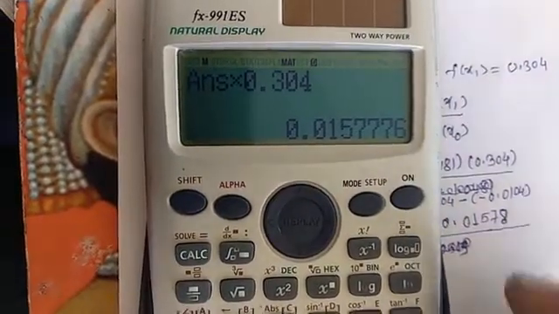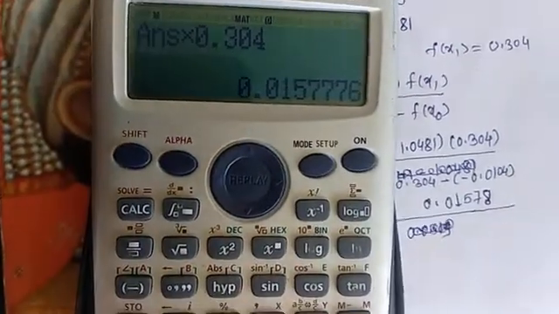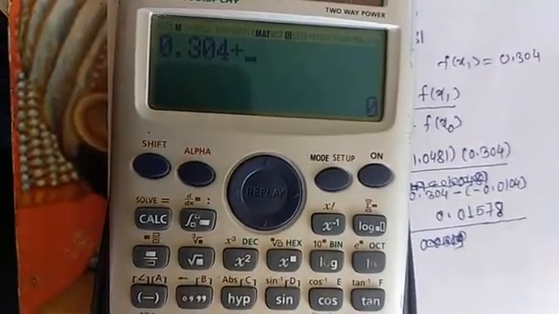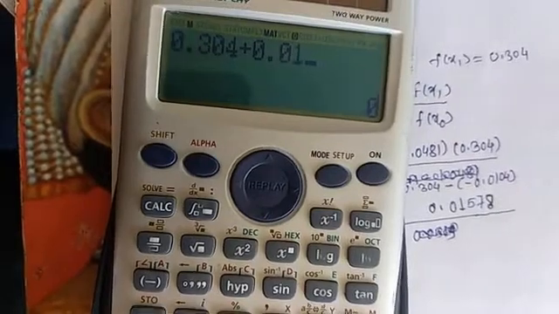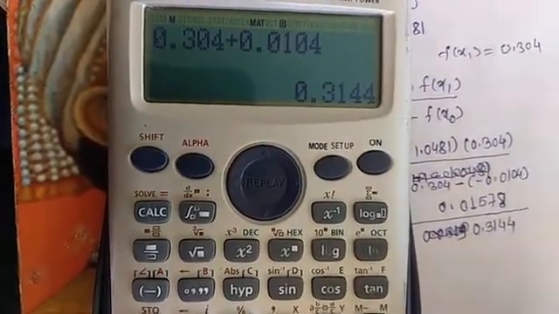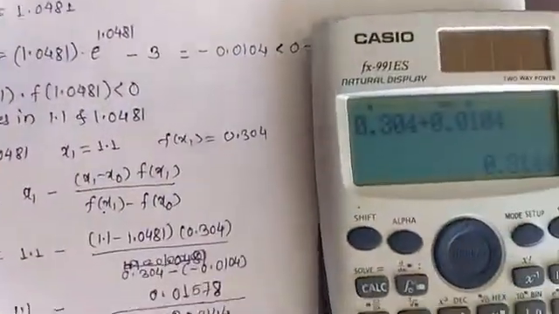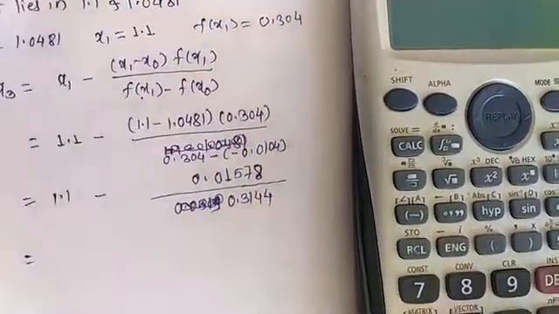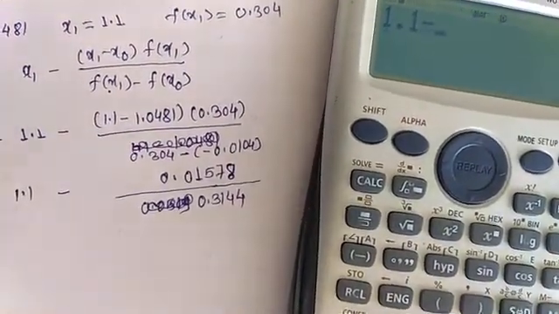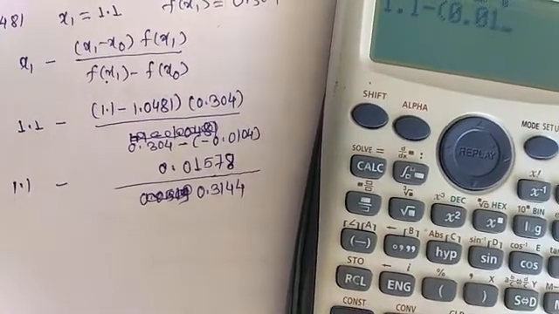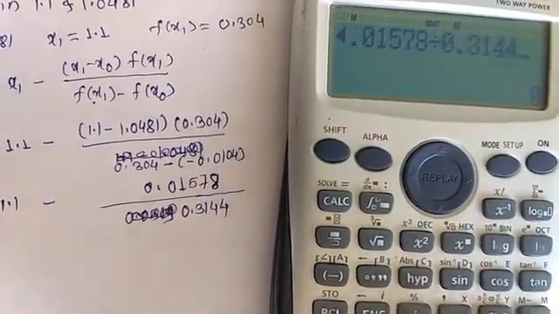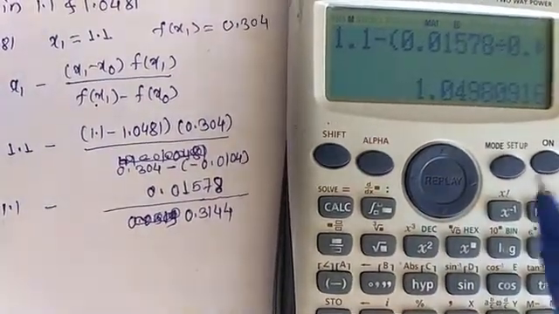Okay, and this is divided by 0.304 minus, it will be plus, 0.0104, so its calculation is 0.3144. So the last calculation will be 1.1 minus, in brackets, 0.01578 divided by 0.3144, which will be equal to 1.0498.